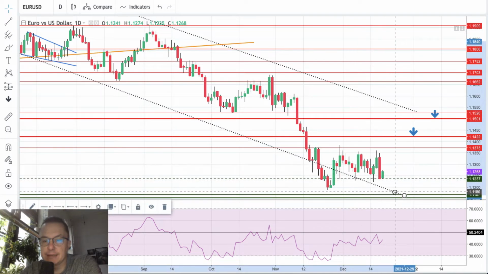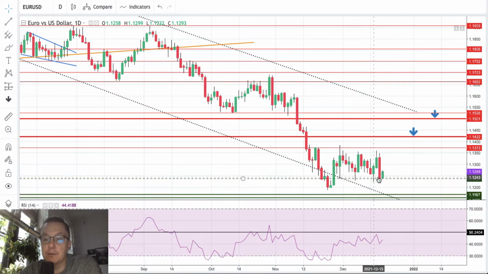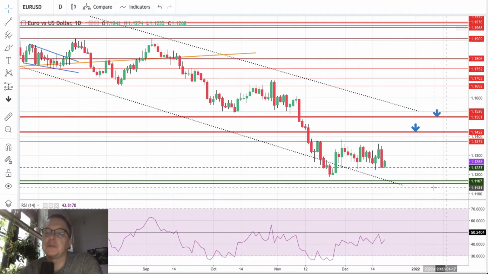Let me just extend this line here so we can see it. There you go. And of course, any violation of this line would mean that we are going to test the level of 1.1167, 1.1153. This is the key long-term technical support for the euro dollar in the nearest time.